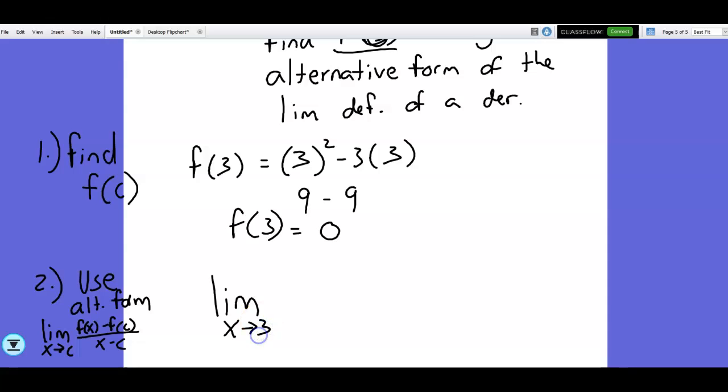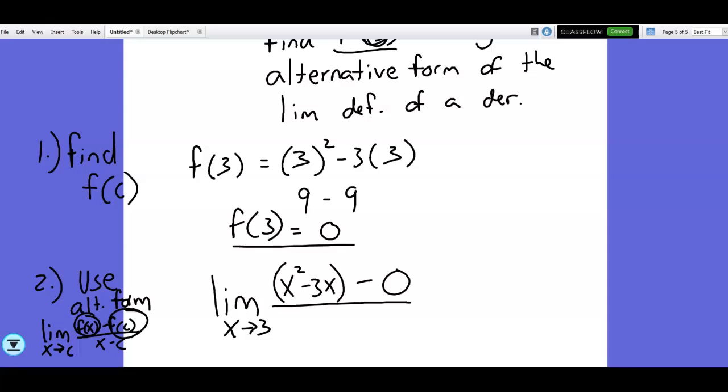C was 3. Next, we have f of x. That's just the function. So that's x squared minus 3x minus f of c. That was this thing. Now, f of c means f of 3, and that was 0. And then finally, we have x minus c on the bottom. So you have your c goes here, c goes here, f of x goes here, and f of c goes here. So there's our setup.